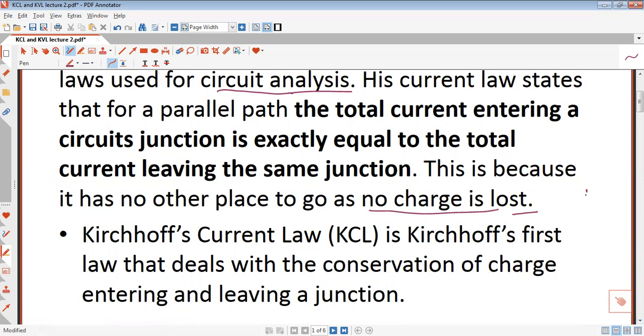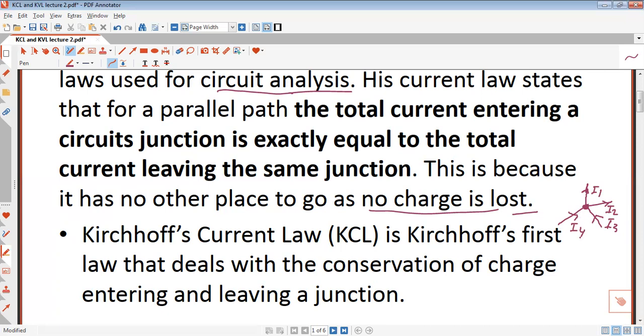You have already studied in class 12 that suppose this is a junction and there are four wires connected here. If I1 current is going outside, I2 also going outside, I3 coming inside, and I4 coming inside, then the sum of all the currents at this junction is 0.